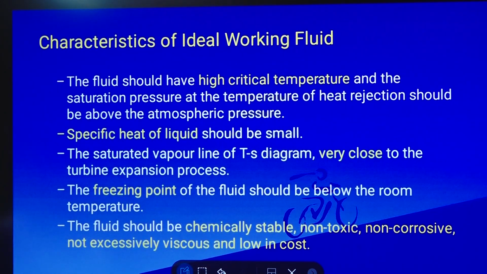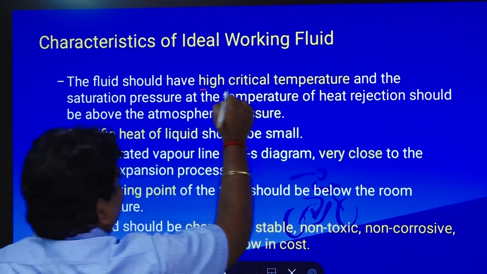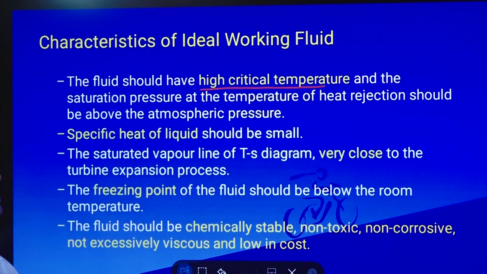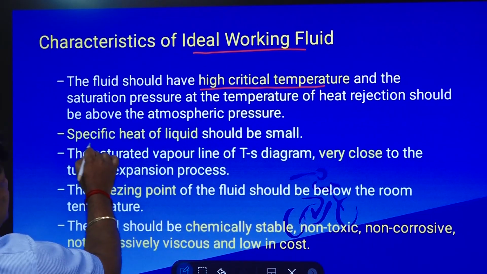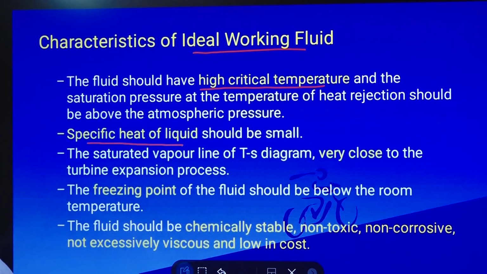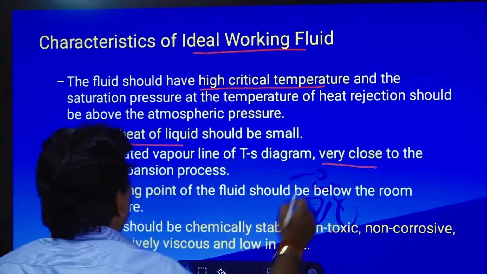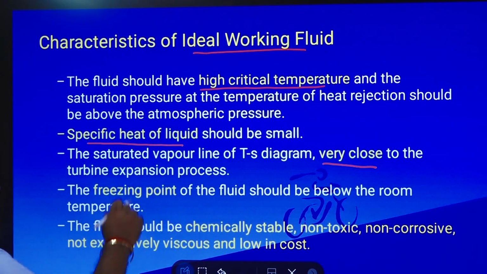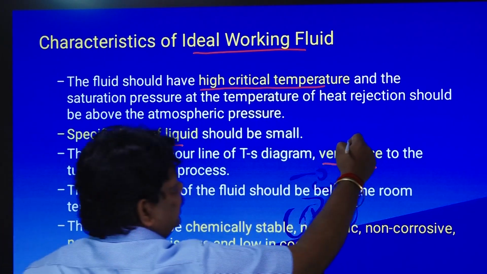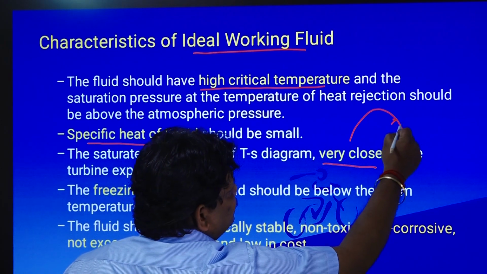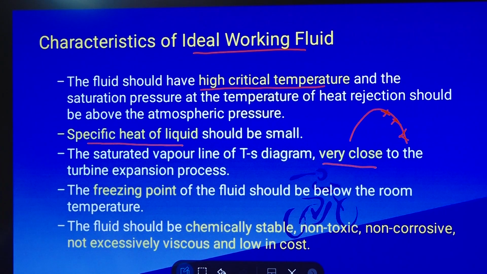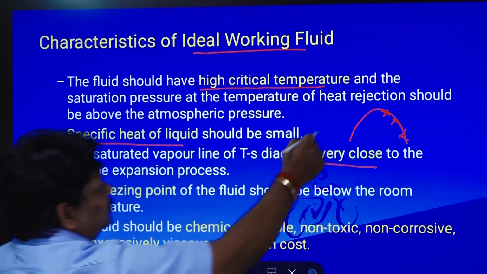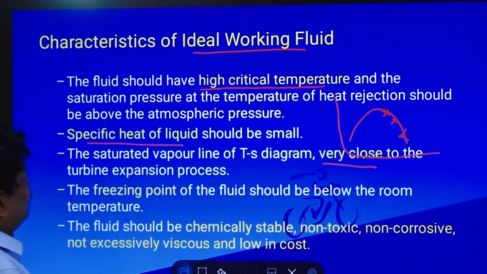What are the characteristics of an ideal working fluid? The fluid should have a high critical temperature. The specific heat of the liquid should be small. The saturated vapor line on a TS diagram should be very close to the turbine expansion process.